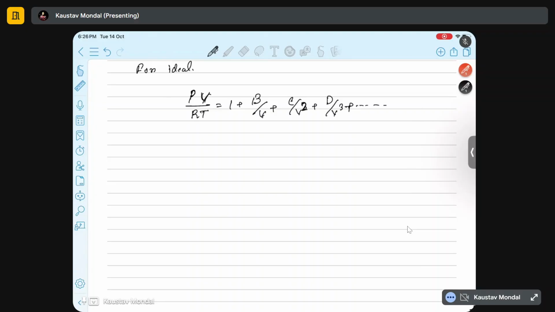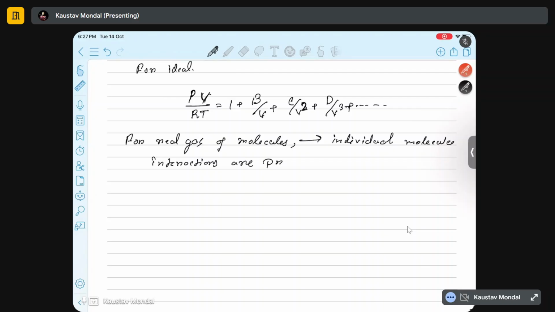So as we know, for real gas, interactions between individual molecules are present.